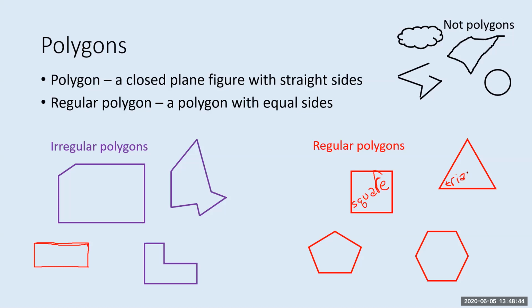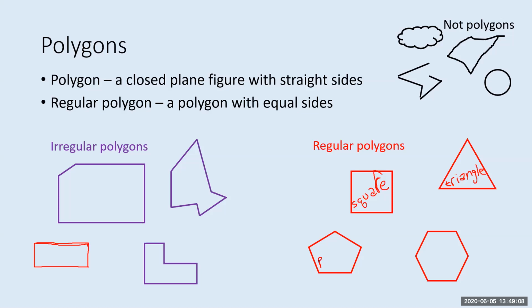And then below this square and triangle, we've got a couple more examples of regular polygons. The one on the bottom left here is a five-sided shape where each side is the same. The name for a five-sided polygon is a pentagon.